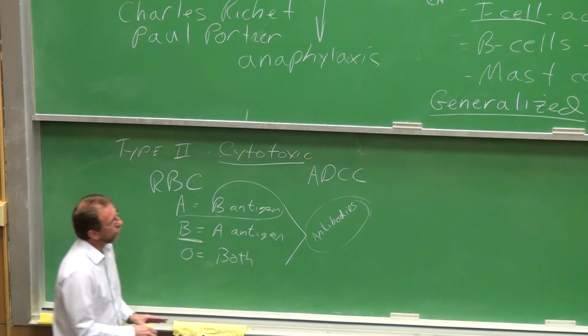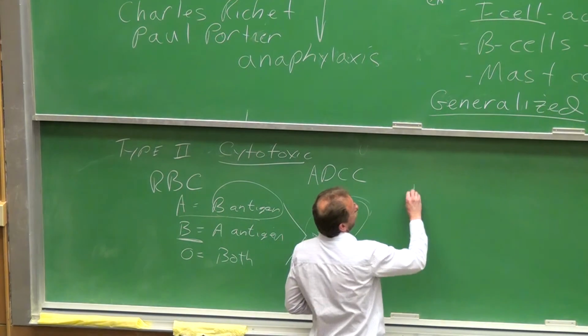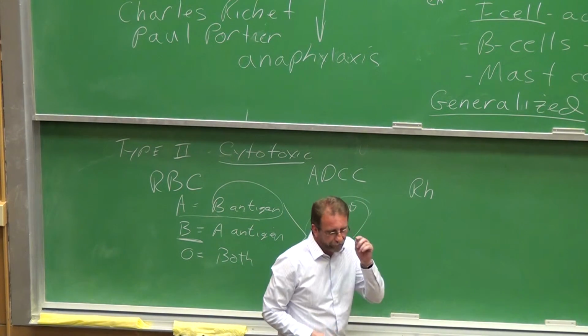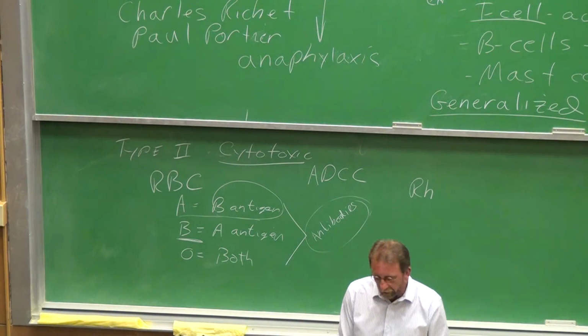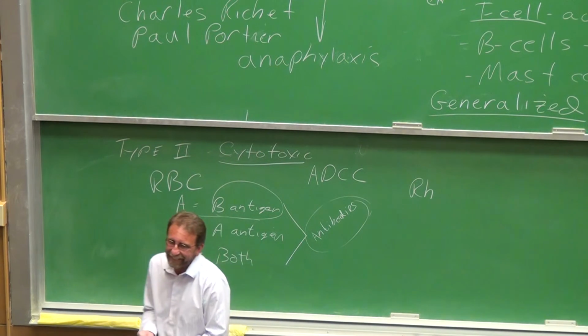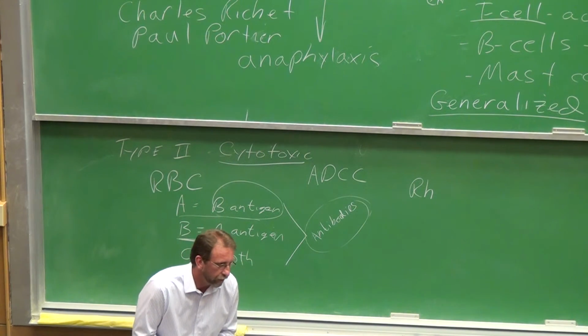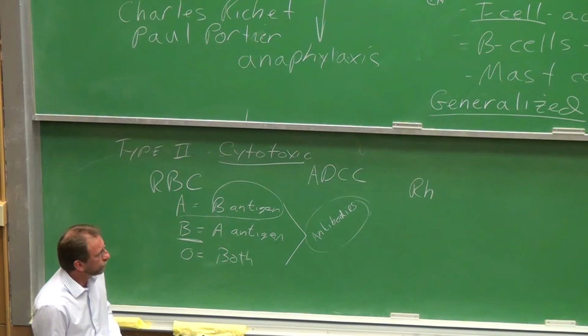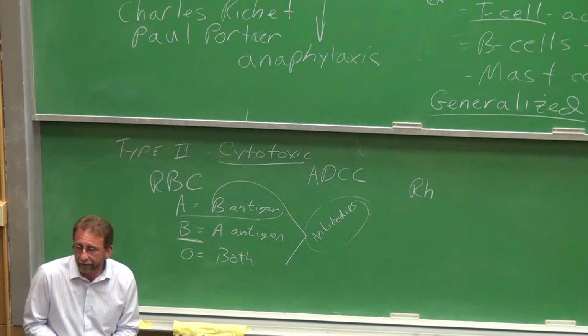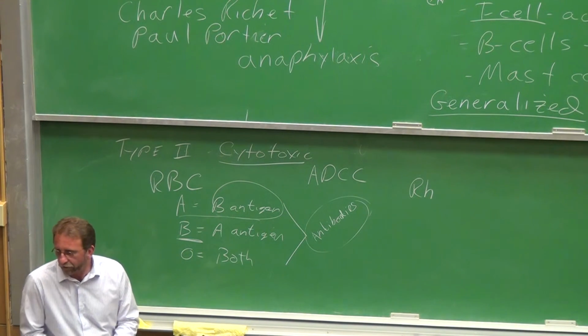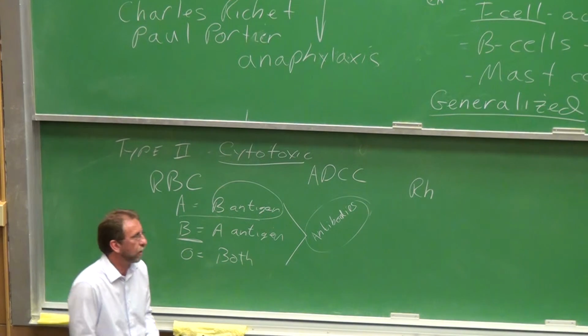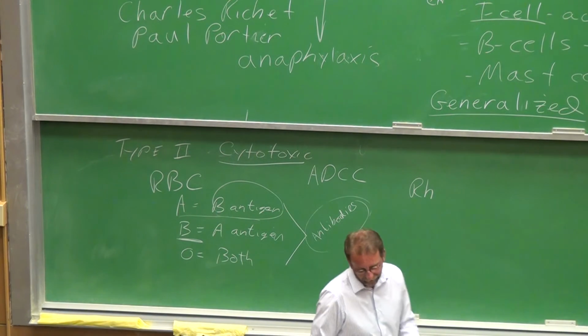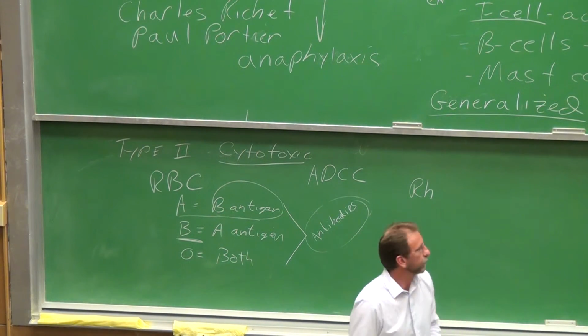However, there is one other antigen that we need to be aware of, and that is the Rh factor. There's a thing called hemolytic disease that can happen to children of mothers that are having a second child, if in fact those children have the wrong Rh factor. And here's how this hypersensitivity can develop.